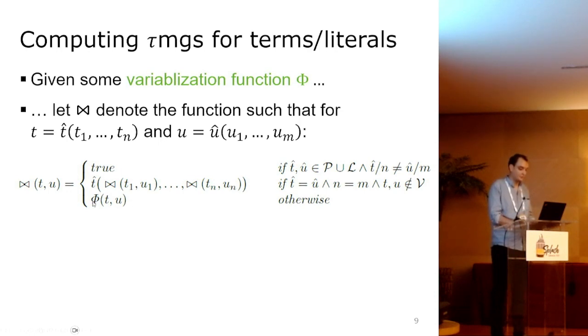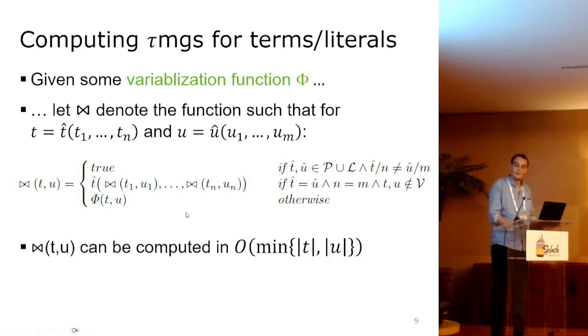If we have two different terms that we need to anti-unify, but the functors don't have the same arity, or the terms are based on different functors, then we introduce a new variable that's specific to these two terms. And it's easy to see that this anti-unification, computing the tau maximal generalization of two terms or literals, can be computed in linear time.